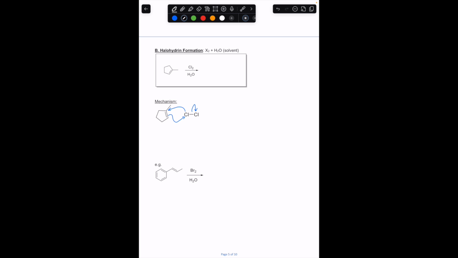That happens. And you're going to form a chloronium cation. Now, you get the other enantiomeric intermediate as well, but I'm just going to abbreviate that as this for now. And plus chloride that left as a leaving group.